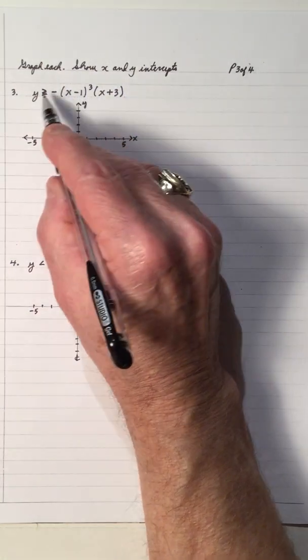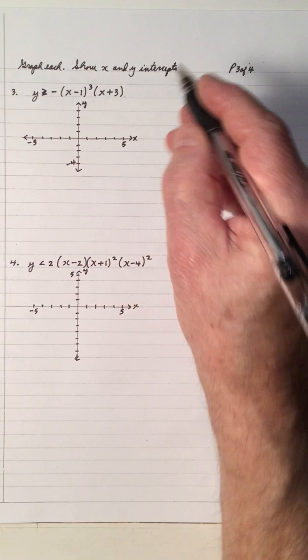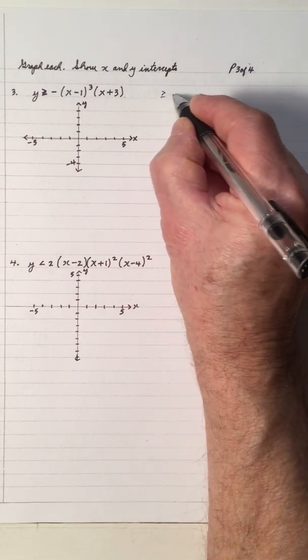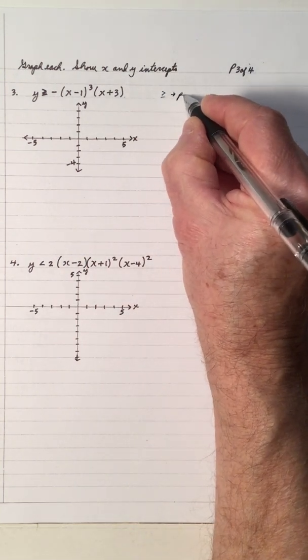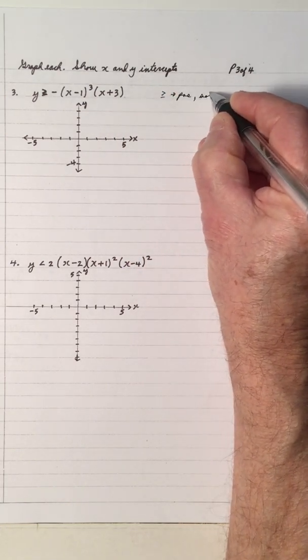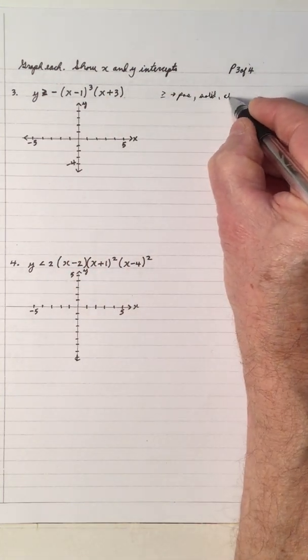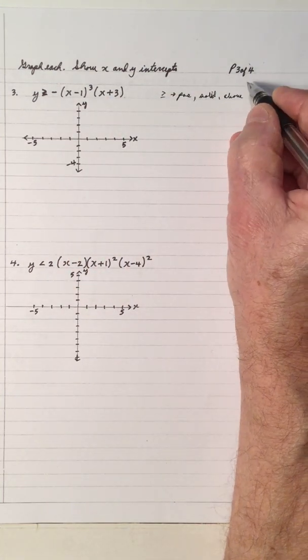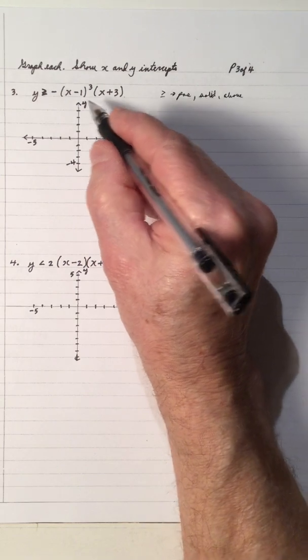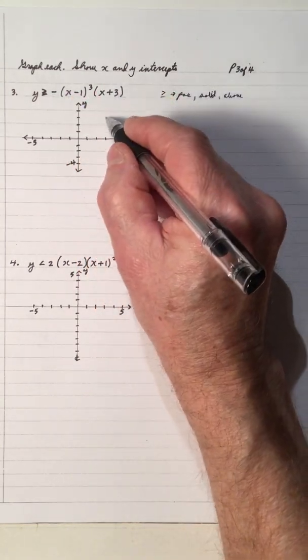Again, we're going to graph these and see what the shading is going to be. So we have greater than or equal to. Greater than or equal to is positive. Equal to is a solid boundary. Solid. And greater than, it's going to be above the boundary when we got it graphed. So we have negative. If that was a positive, I'd be coming down from here.